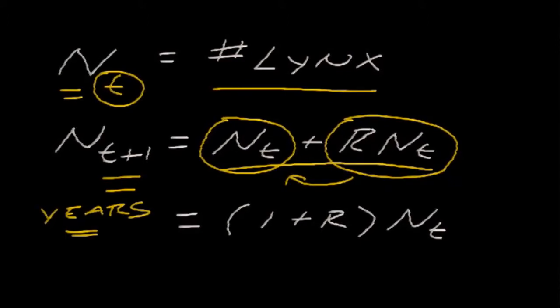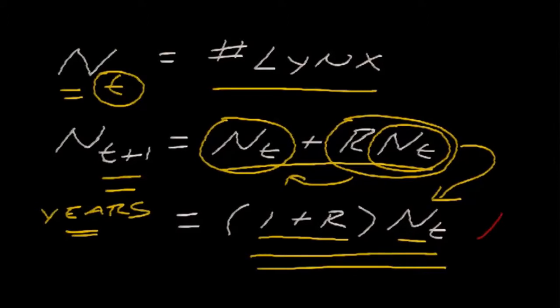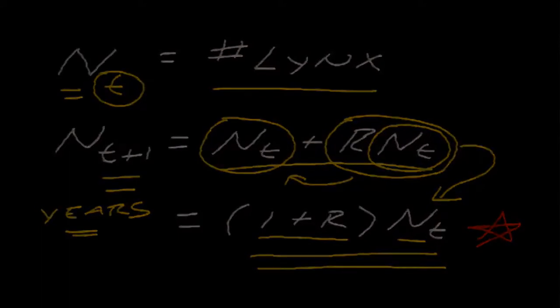So we can then take this value here, nt, and do a little algebra and factor it out of our equation, and now we've got a new equation, which is simply our estimated population in 1 year's time as being 1 plus r times our current population. I'm going to star this equation because we'll come back to it in just a moment.